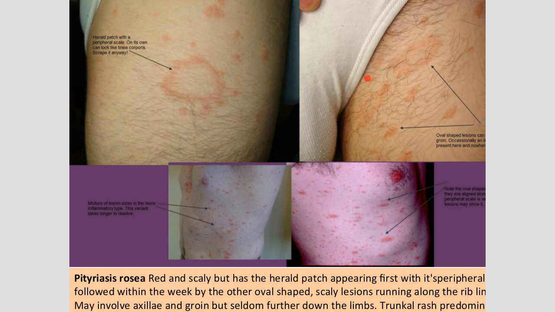And then again, as I said, the previous one was Pityriasis versicolor, but there are different types of these infections, and most of the time we give them a specific name. So we can see from here, this particular infection we call rosacea. So it's like a rose because it appears red and scaly, and many a time, as I move along, you will see that it appears like a ring, right?